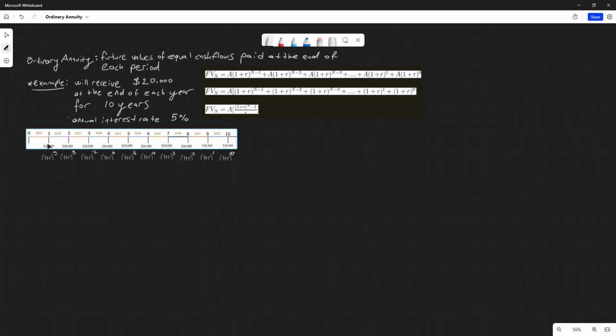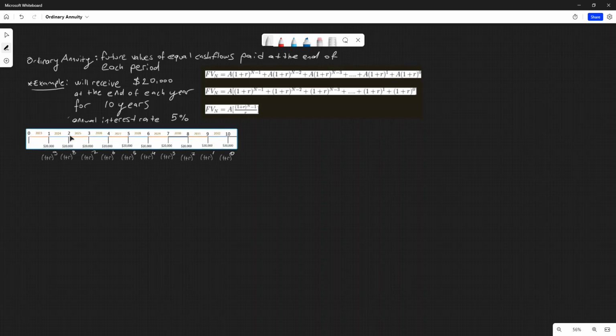Since your time frame is 10 years, this means that you will compound in the formula the first cash flow made at the end of 2023 for 1, 2, 3, 4, 5, 6, 7, 8, 9 years.